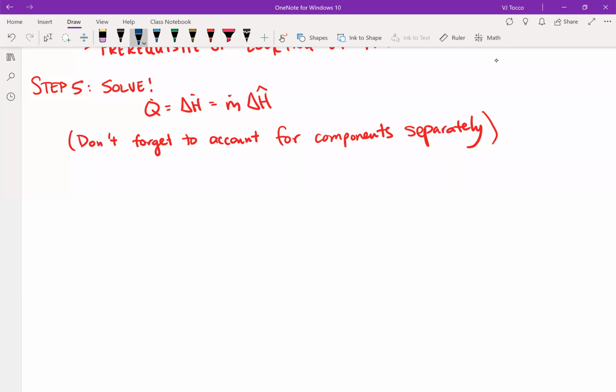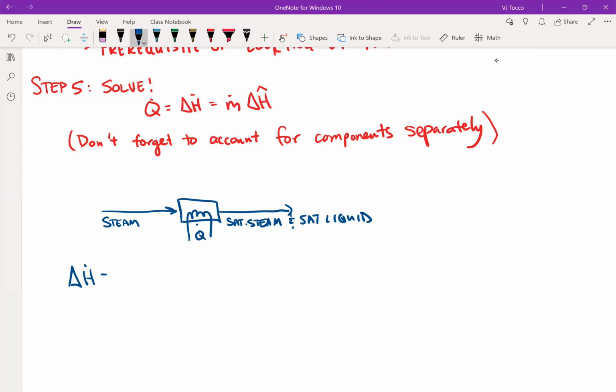In other words, let's say I had a simple condensation process where I had steam coming in and I had a change of pressure temperature such that I had saturated steam and some liquid water coming out. Saturated steam and saturated liquid. And what would my delta H be if I wanted to calculate what my Q is? Well, again, delta H refers to the sum of all the outputs minus the sum of all the inputs.